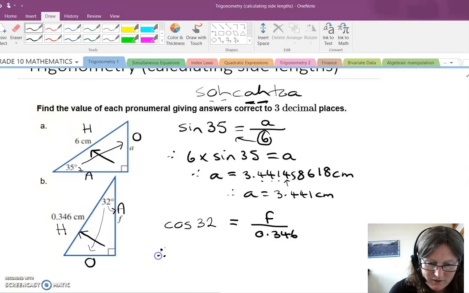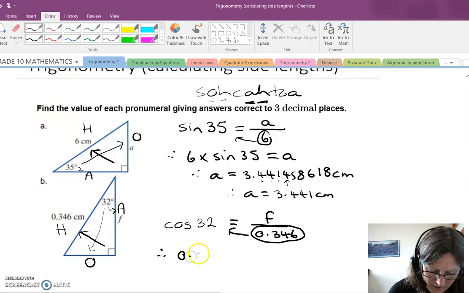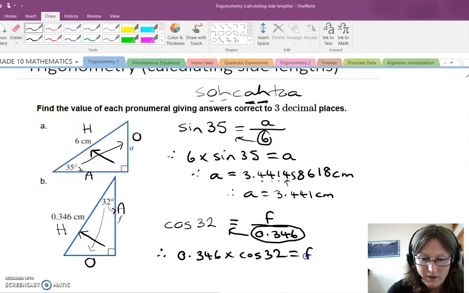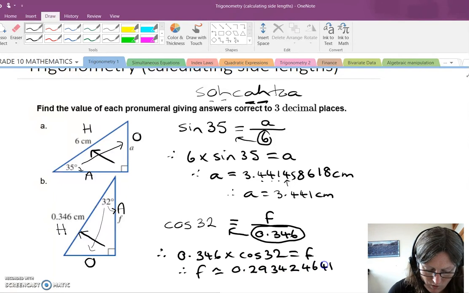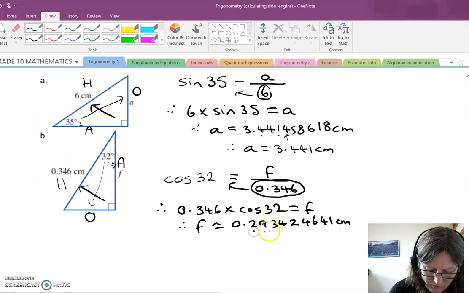0.346. Again, using our knowledge of equations, this is f divided by 0.346. So we move it over to the other side and we times it by 0.346. So 0.346 times by cos of 32 is equal to f, and into our calculator, 0.346 times by the cos of 32, it says that f is approximately equal to 0.293424641 centimetres, but it wants it to 3 decimal points, 1, 2, 3.